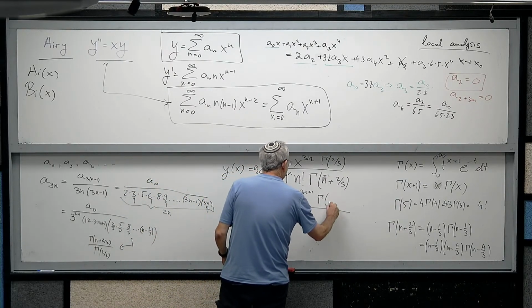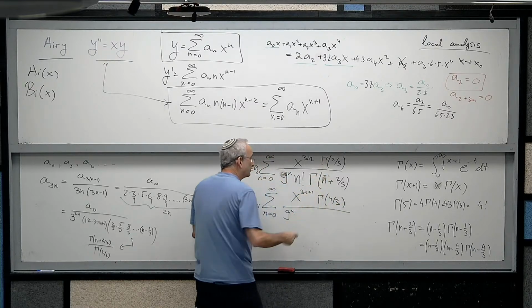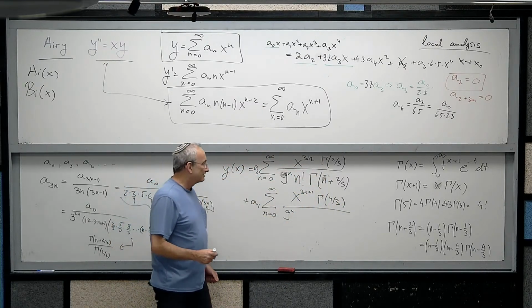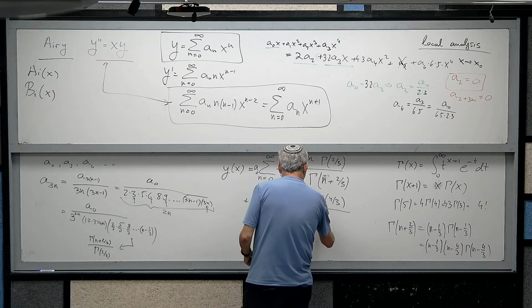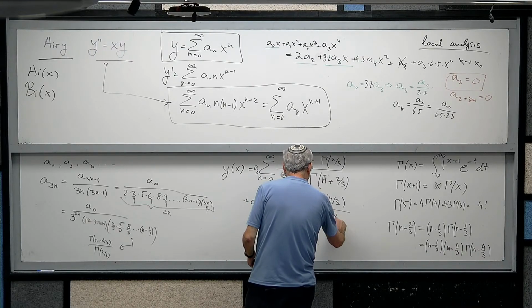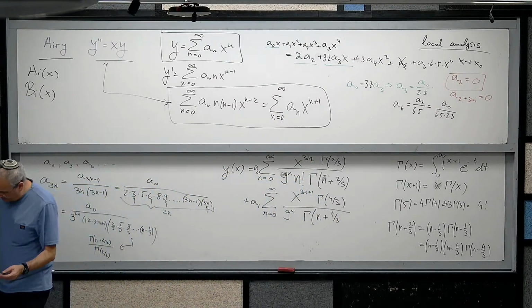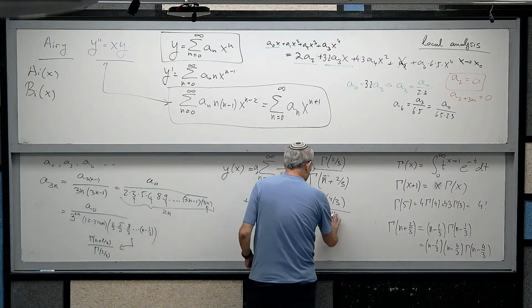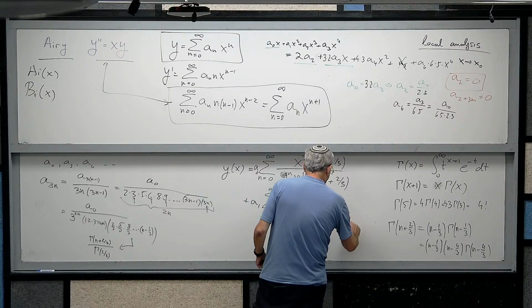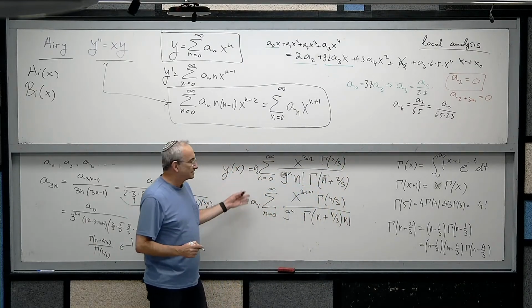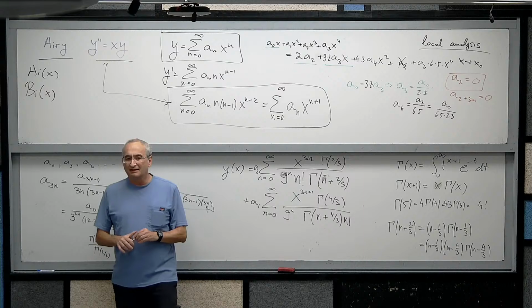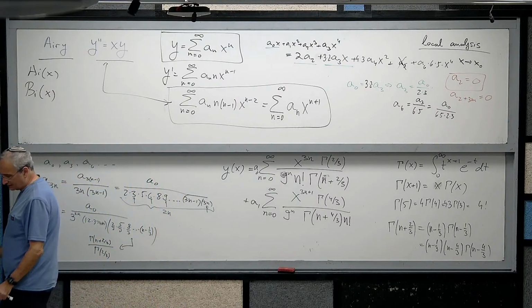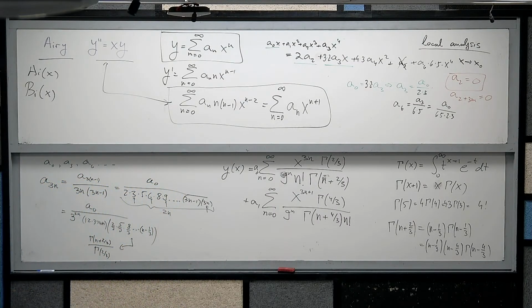Here we have gamma of 4/3. That's why I wrote 4/3 before, because it confuses me. And here we have gamma of n plus 4/3, I think, or 1/3 maybe. Okay. Check. 4/3, times n factorial. These are two independent solutions for the Airy function, and they converge, and everything is nice.